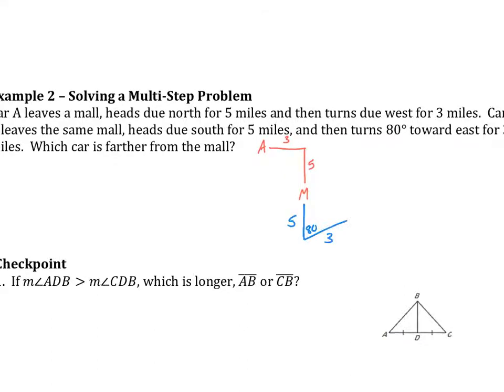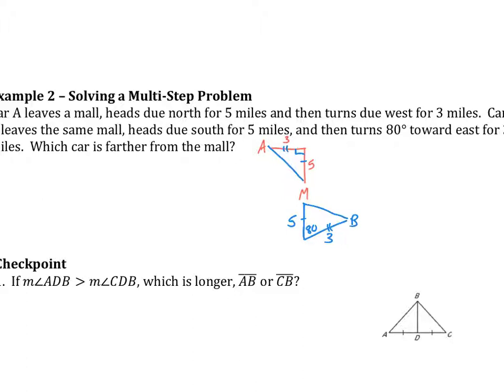So what we have is 5 is equal to 5, 3 is equal to 3, and up here, that's going to be 90 degrees. So it says, which car is further from the mall? Is car A or is car B further from the mall? So basically, which distance is bigger? The distance from M to A or M to B?